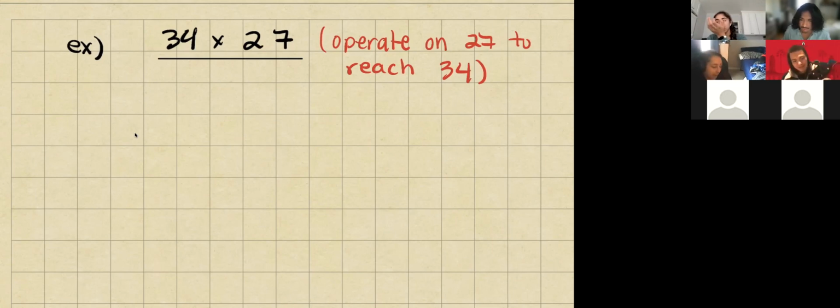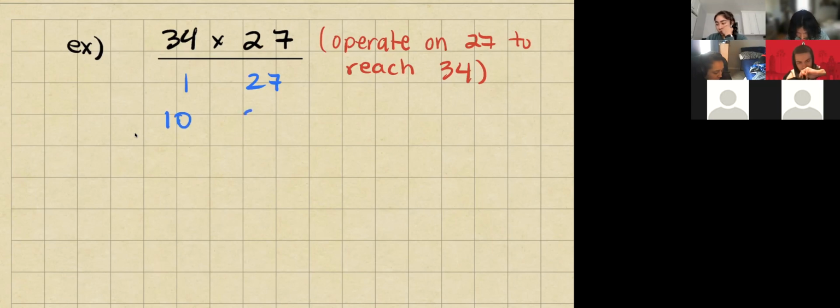The way I would write that, and you're on the right track, Alejandro, is 1, 27. Then, because remember, 34 is a large number, in this case it makes more sense to go to 10 because I need to build 34.